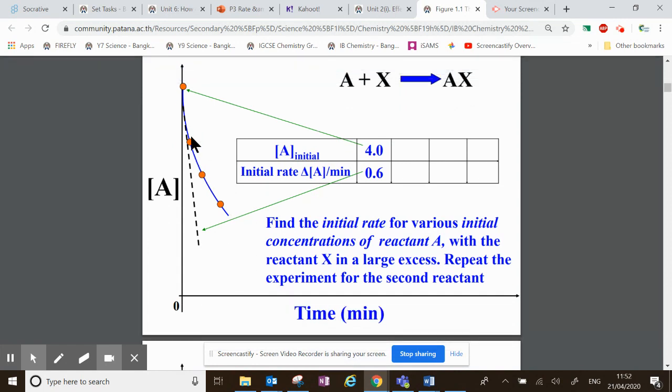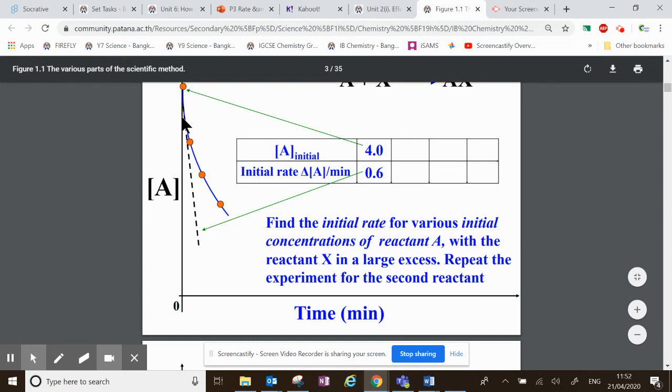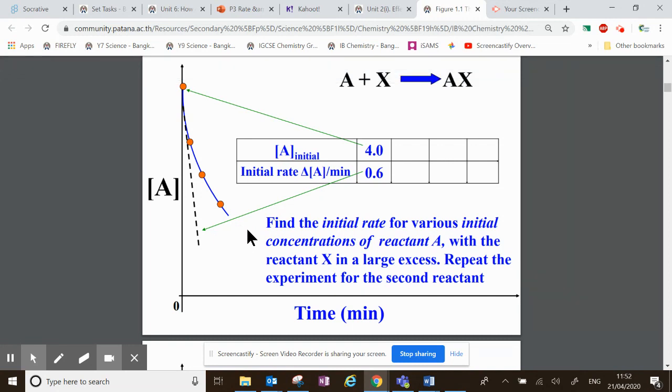Now, the other thing to remember here is the steepness of that line is a measure of the rate of the reaction. A steep line means a high rate of reaction. A less steep line means a lower rate of reaction. And a horizontal line with a zero gradient means no reaction is occurring.